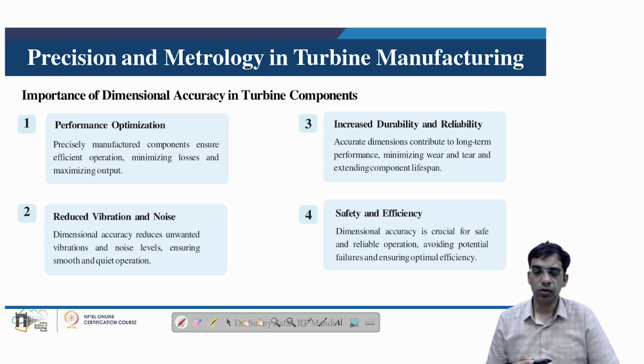Dimensional accuracy is also very crucial for the fourth aspect, that is safety and efficiency. So dimensional accuracy is needed for reliable operation, avoiding potential failures and ensuring optimal efficiency. Because of all these reasons, it is very important to look at how the modern metrology techniques help in turbine manufacturing.